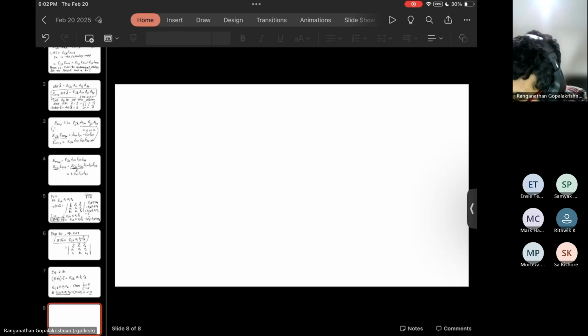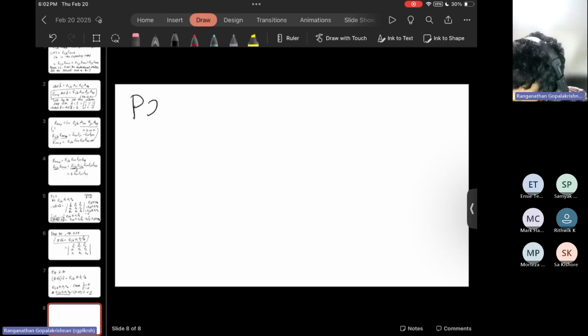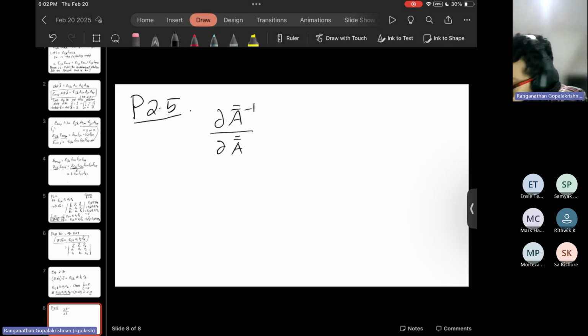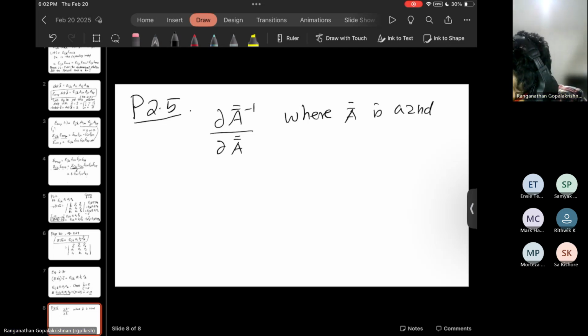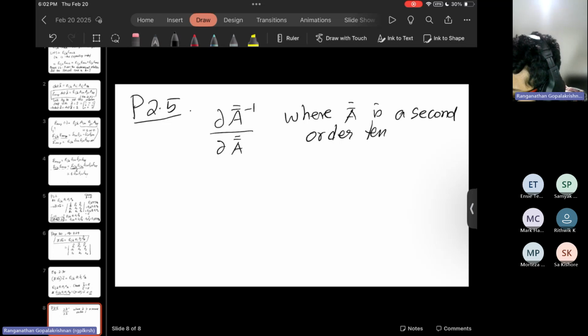Problem 2.5. What is the question? The question is to obtain an expression for the partial derivative of A inverse with respect to A, where A is a second order tensor.